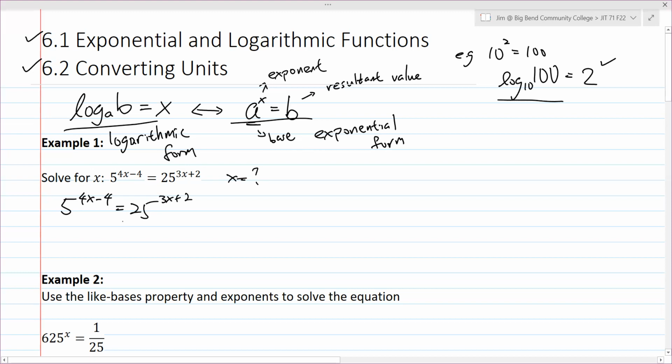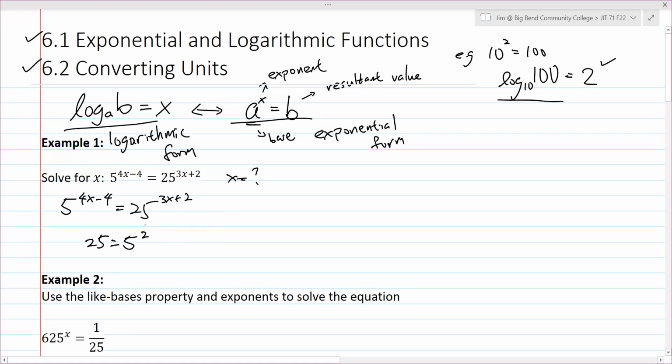The way to handle this type of problem is to turn one of the values into something with the same base, like 25 equals 5 squared. That makes sense because 25 equals 5 times 5, so that's why we have 5 to the 2.